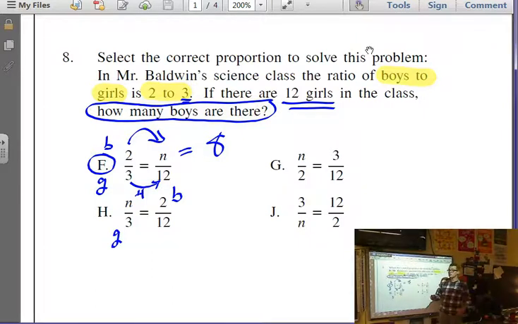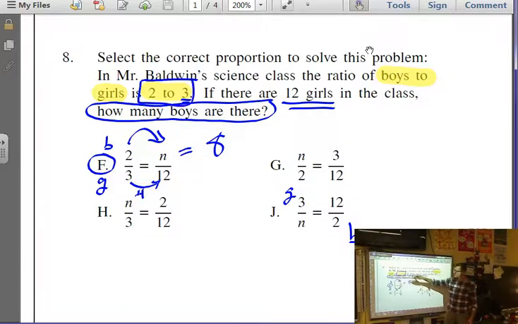Now, this could work going from one proportion to the other, from one fraction to the other side, only if they stay on top or stay on bottom. The fact that one's on top and one's on bottom and they're on separate sides of the proportion, this does not work. And over here, same thing. We have our girls over here and our boys right here. That original ratio we've been given, it is 2 separated. It either needs to be top and bottom on the same side, or both tops or both bottoms. This will not work. So F is our option. The number of boys would be 8.